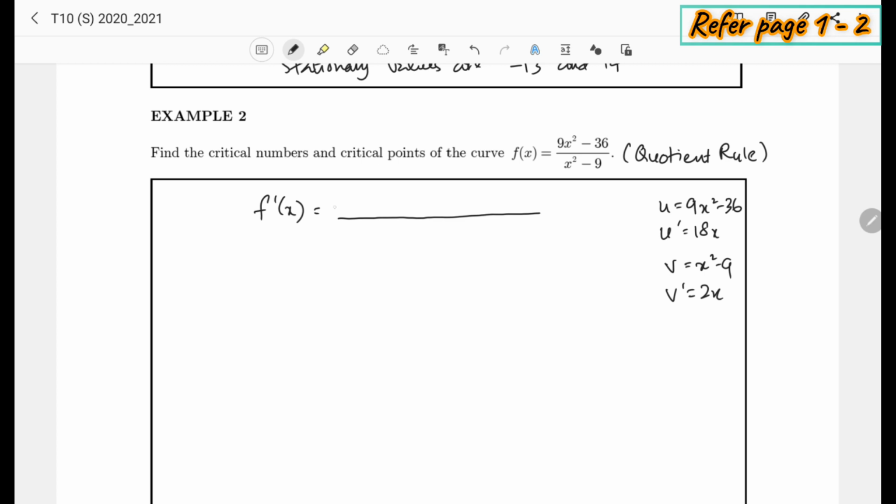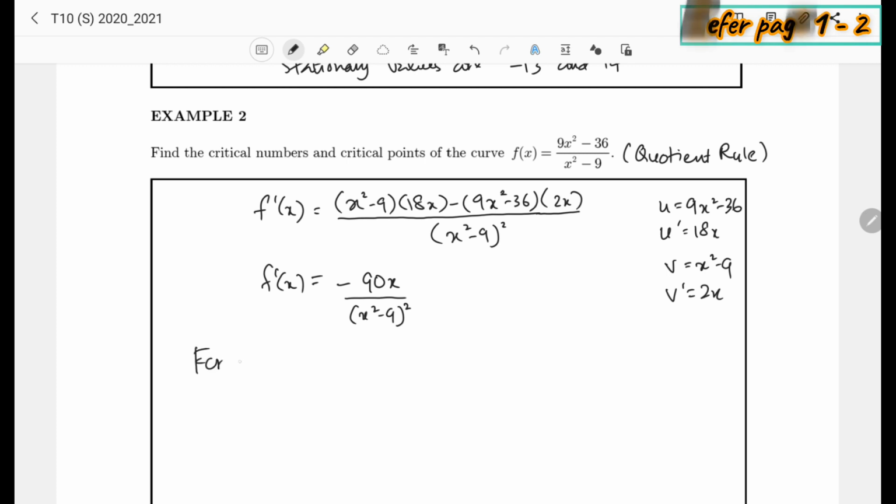Start off with v: x squared minus 9, times u prime 18x, minus u, 9x squared minus 36, times v prime 2x, over (x squared minus 9) squared. So simplify, we will get negative 90x over (x squared minus 9) squared.